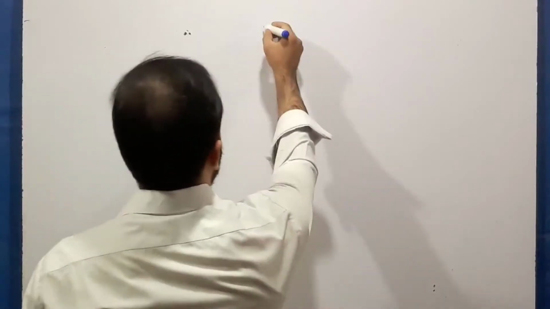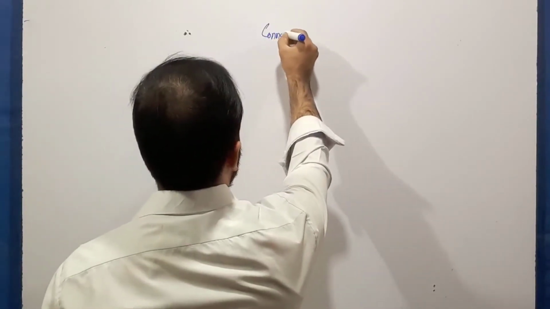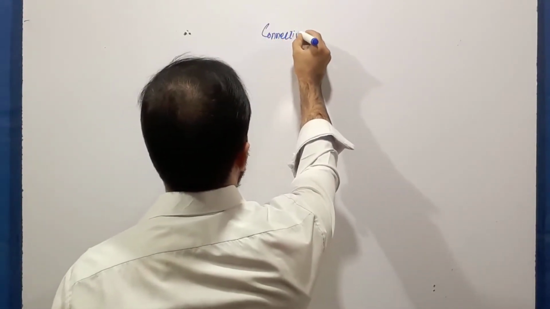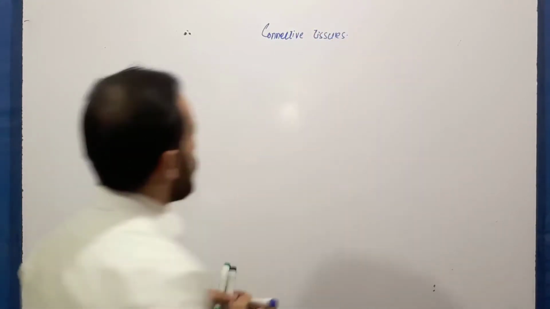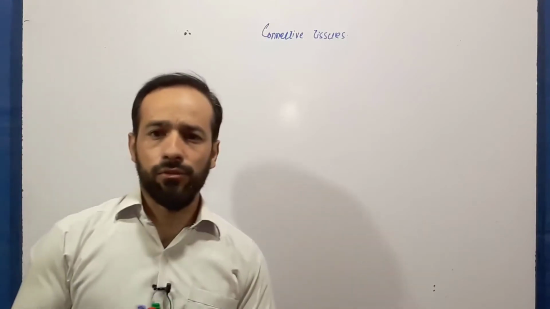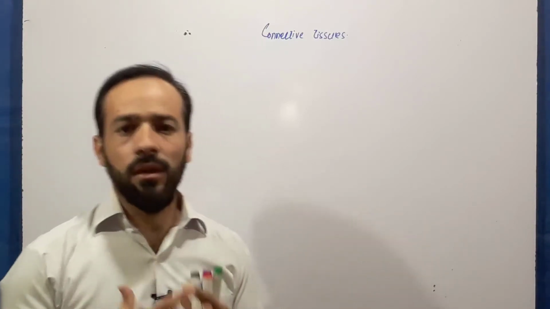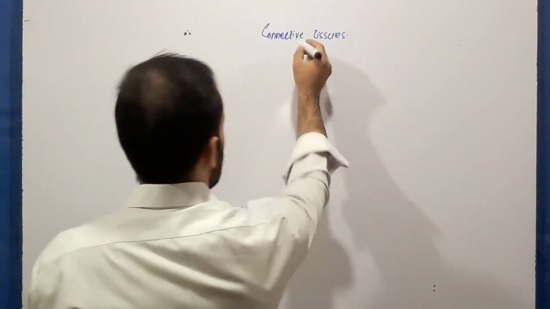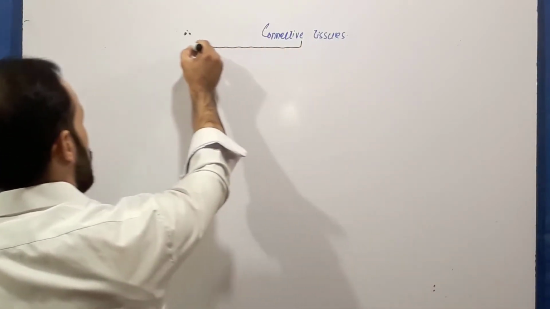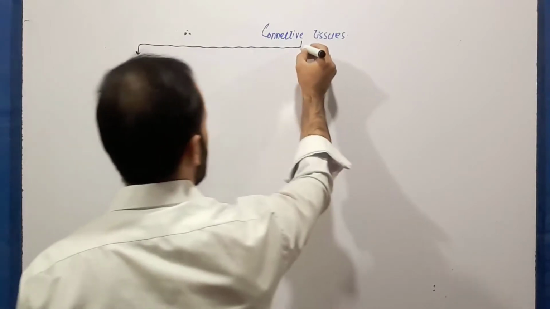Now in our body we have different types of connective tissues, and what are those? First of all, the connective tissues of the human body are divided into two major classes. Connective tissue is divided into how many major classes? Two major classes.